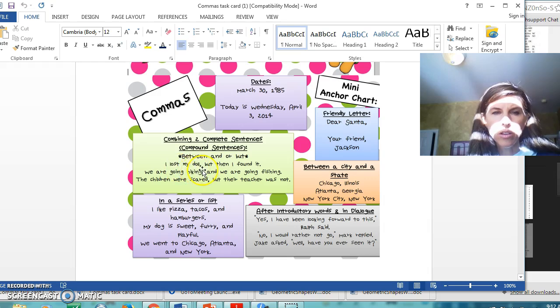I lost my doll, comma, but then I found it. So 2 complete sentences, I lost my doll and I found it, are connected by a comma and the word but. We are going hiking, we are going fishing, connected by a comma and and. We are going hiking, and we are going fishing. So we've gone over those quite extensively.